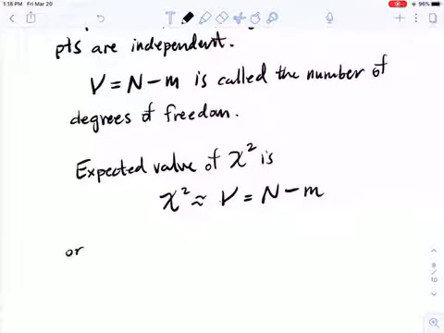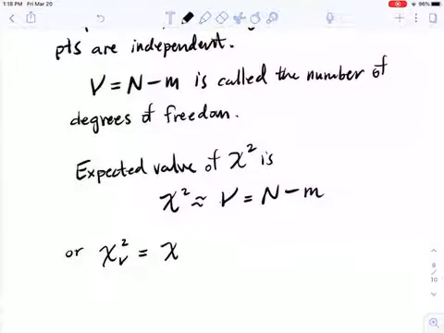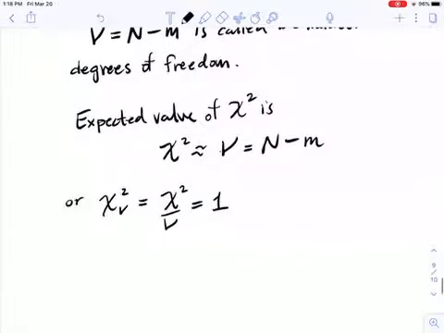Alternatively, this is often stated as chi nu squared, which is the reduced chi-squared. Chi-squared divided by nu should be equal to 1. This is called the reduced chi-squared.